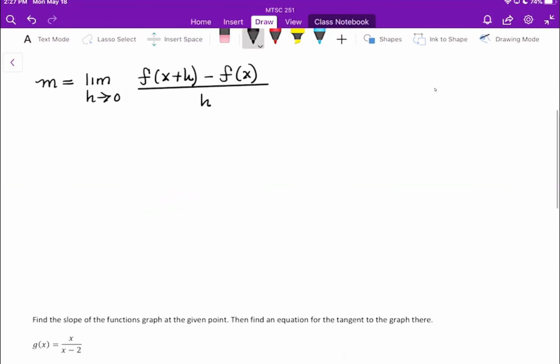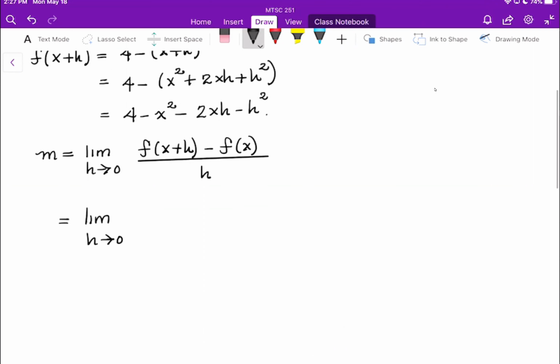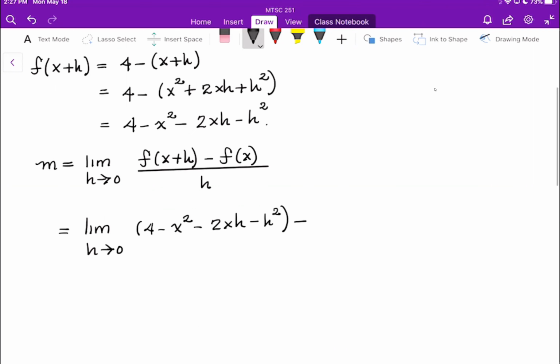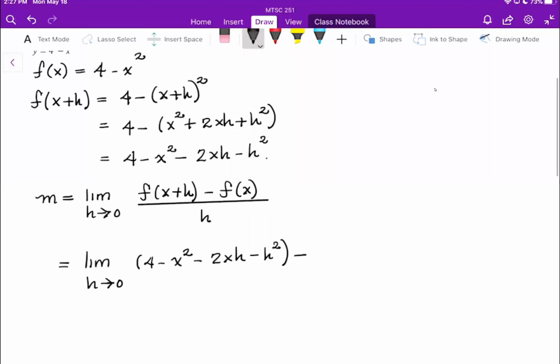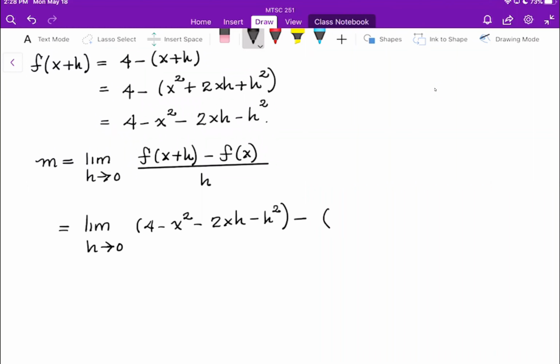So that's going to look like the limit as h approaches 0. f of x plus h is 4 minus x squared minus 2xh minus h squared. Then we're going to subtract off f of x, which is just 4 minus x squared. So we're going to subtract off 4 minus x squared, and that entire quantity is divided by h.